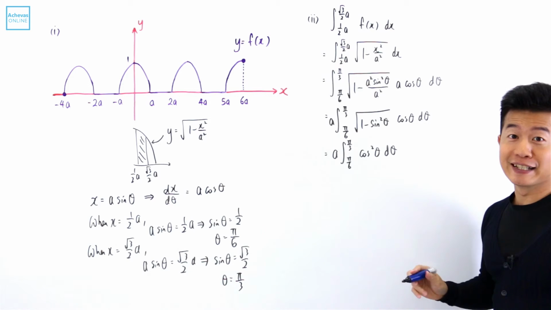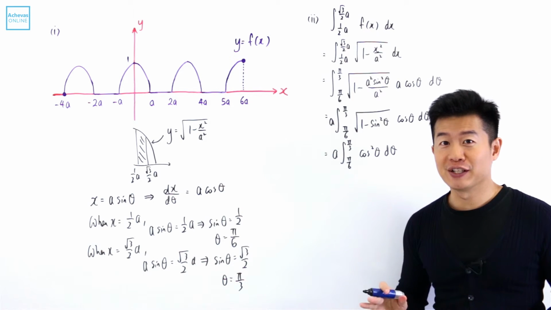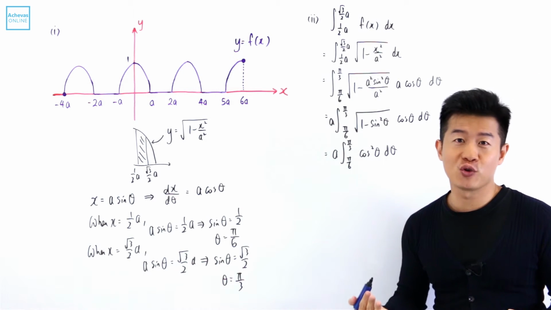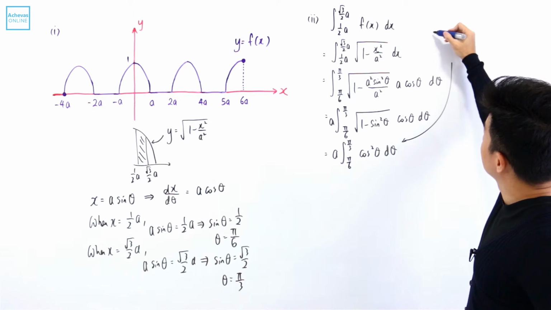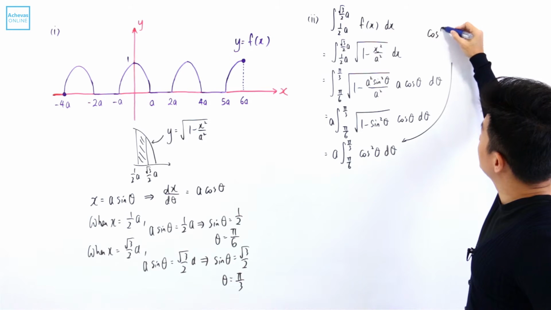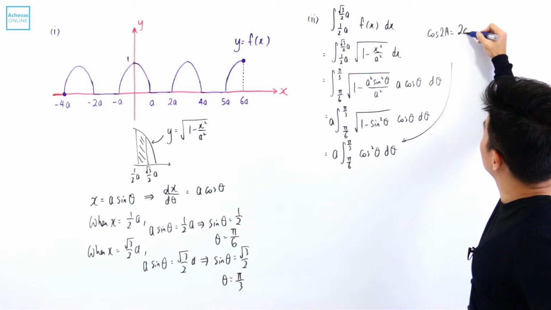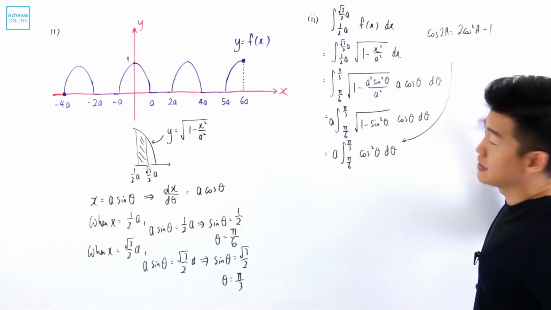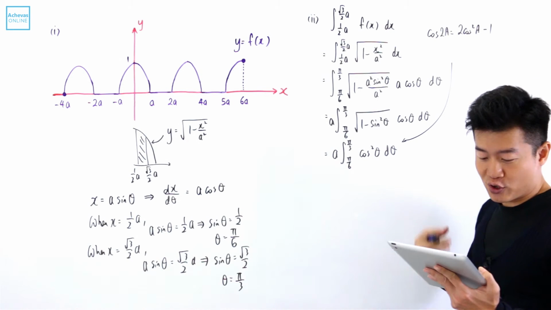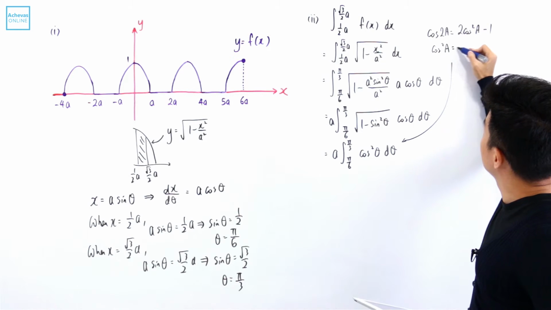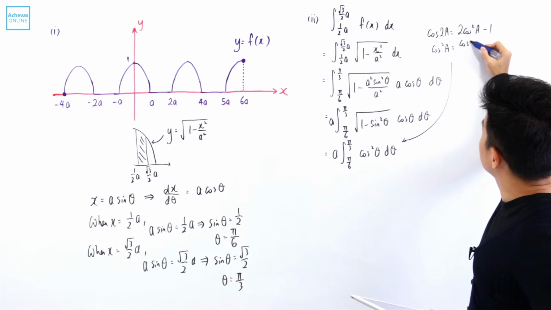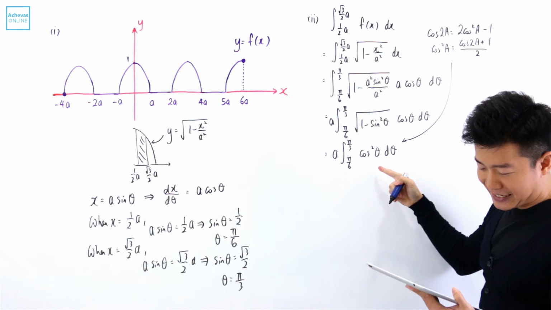Cosine squared theta is a very common kind of integral where I'm supposed to make use of a trigonometric identity. The identity that I'm going to be using here is cosine 2A equals 2 cos squared A minus 1, and this identity is found in your formula sheet. This tells me that cosine squared A can be rewritten as cosine 2A plus 1 divided by 2, and I'm going to apply that here.